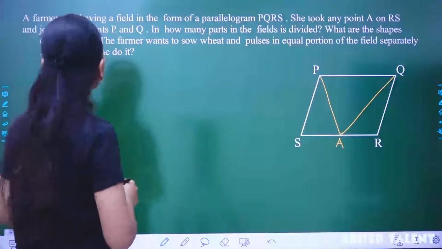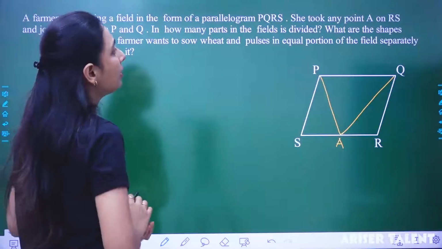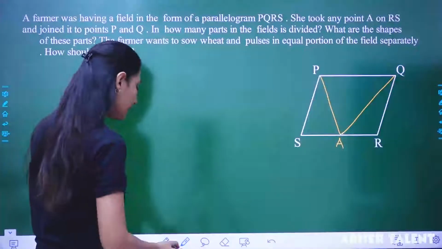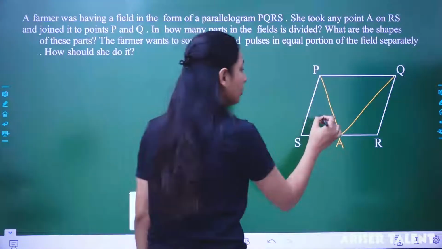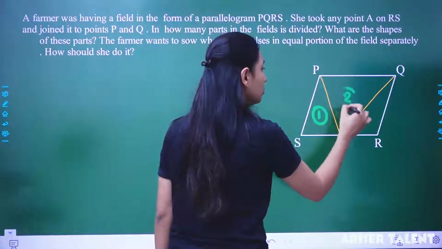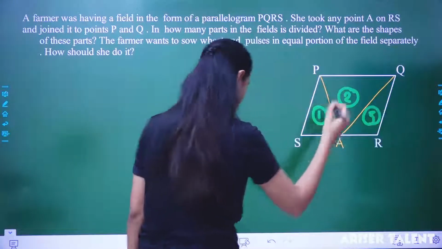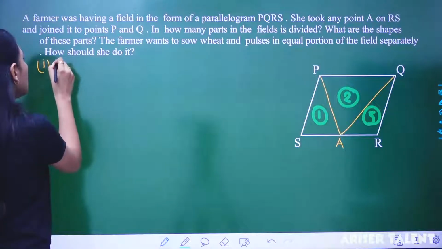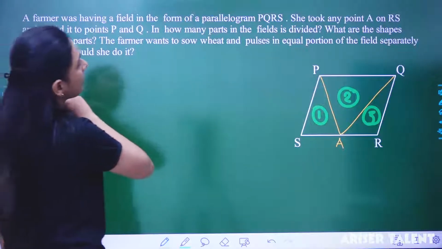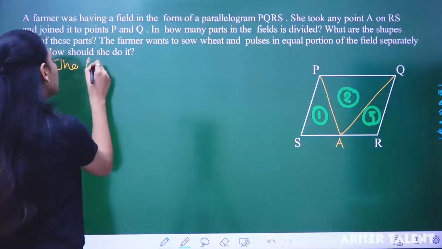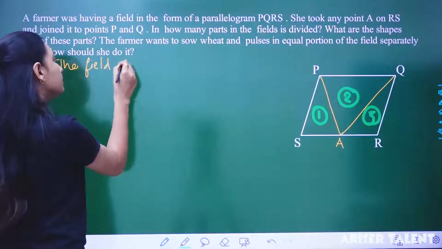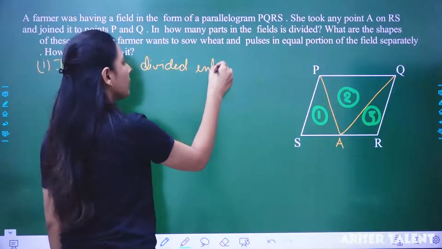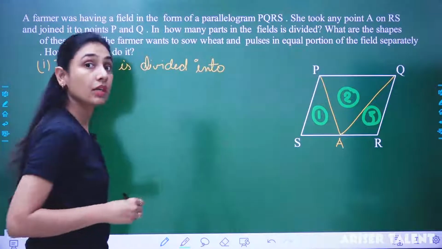Now, in how many parts is the field divided? You can clearly say, ma'am, these are 3 parts. 1 is here, 2 is here, 3 is here. So, we can write the answer to the first question: the field is divided into 3 parts.